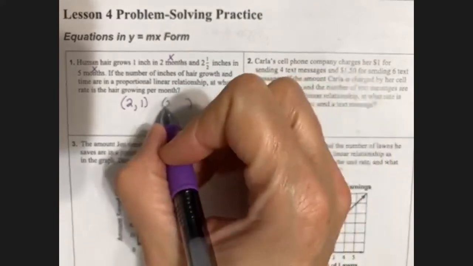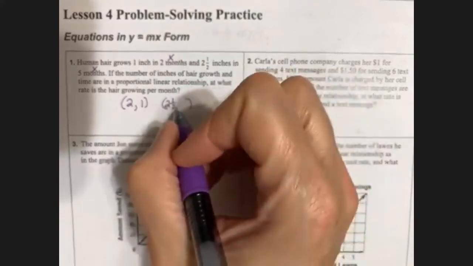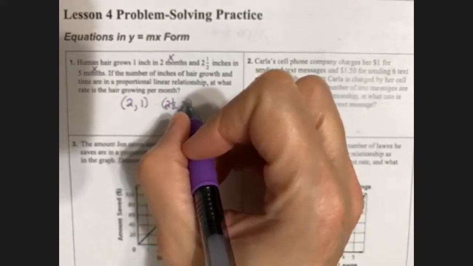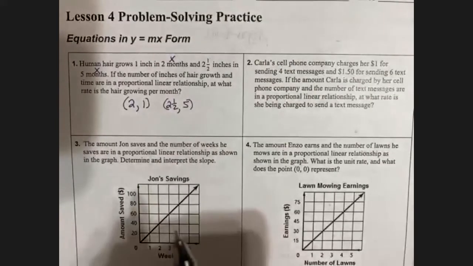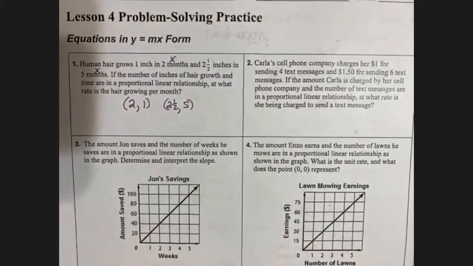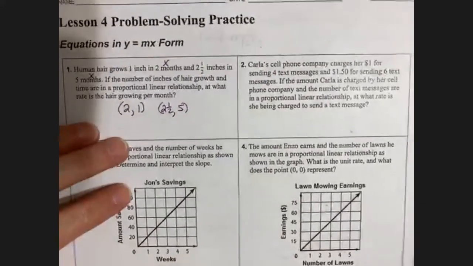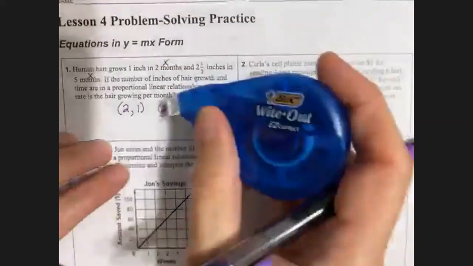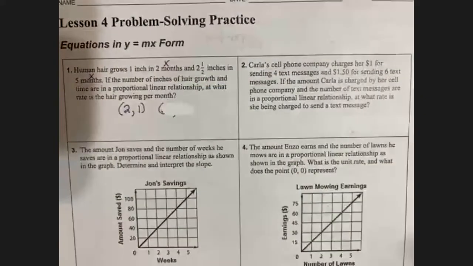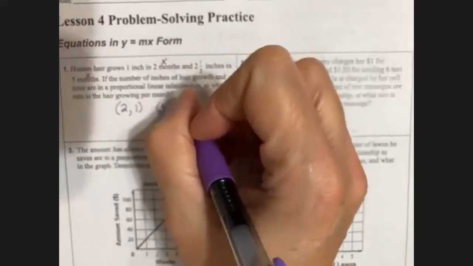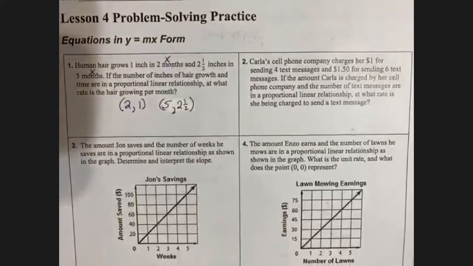And again, that would be my Y-axis changer. And then 5 months would be my, whoops, I did that backwards. Sometimes you make mistakes. 2.5 inches, and I just said it was the Y and I stuck it in the wrong place. And 5 months is our X, our time is our X, and our inches is our Y value. And so those are our 2 points.